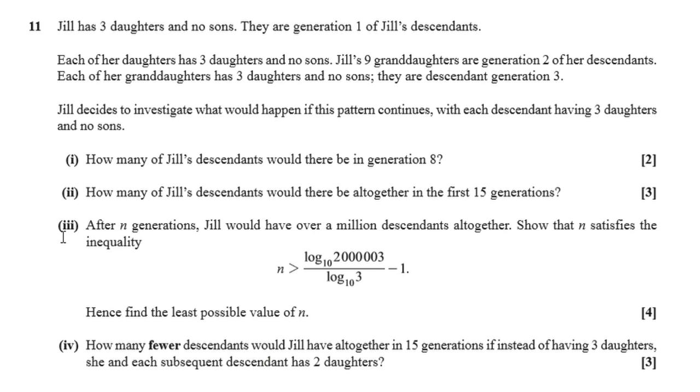Part 3: after n generations, she will have over 1 million descendants; find n in the form of this inequality. And how many fewer descendants would Jill have altogether in 15 generations if she had 2 daughters per generation instead?